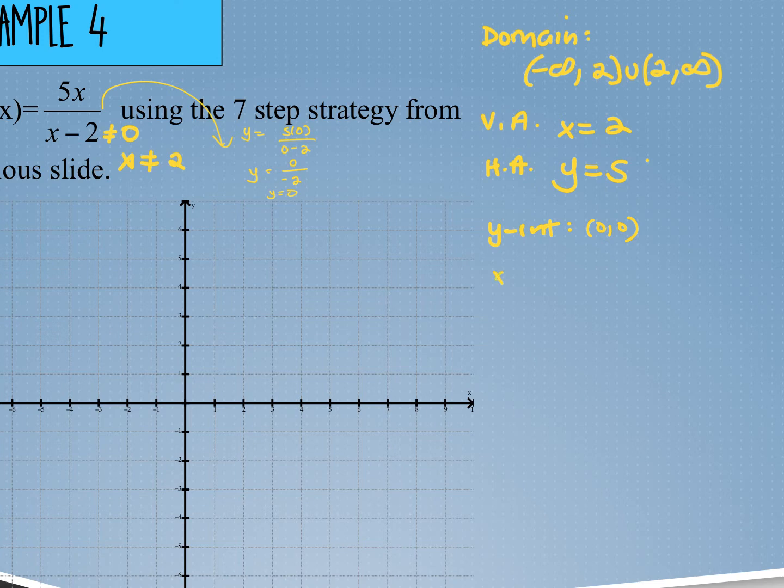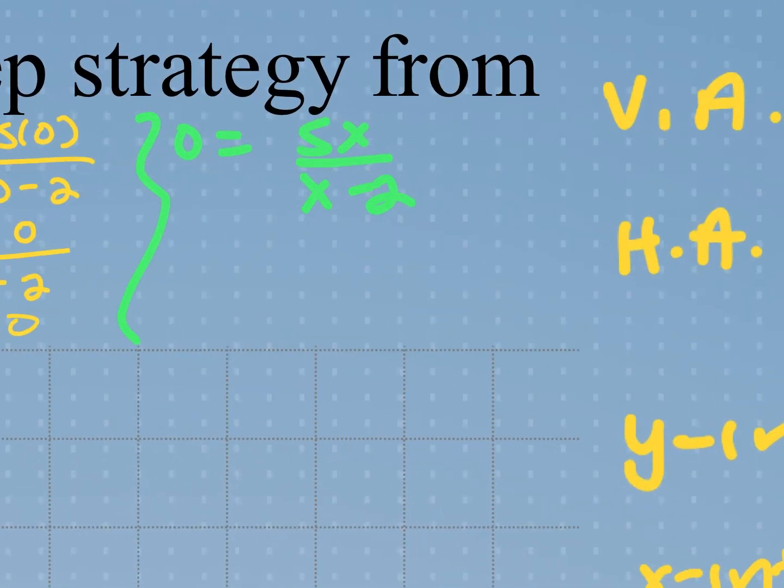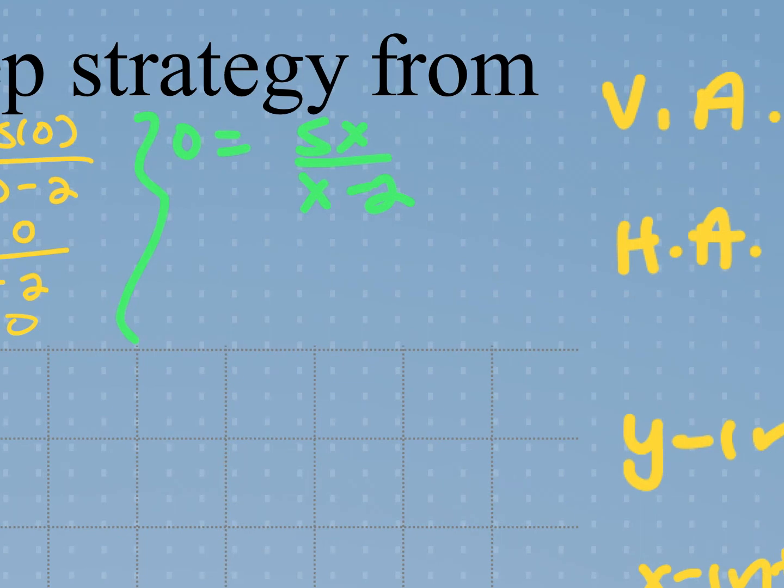Then I go to the x-intercept. And to do that, we plug 0 in for y. What's your first step when you're solving with fractions like that? Multiply by the bottom. What's always going to happen when I multiply the other side by the bottom?